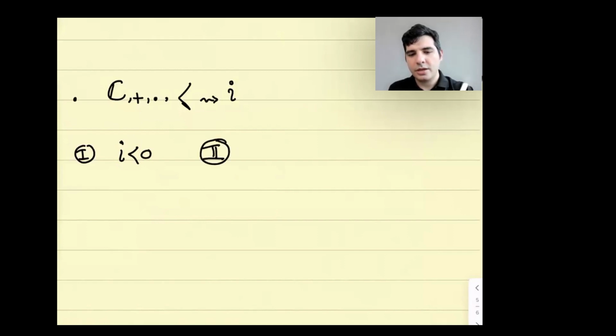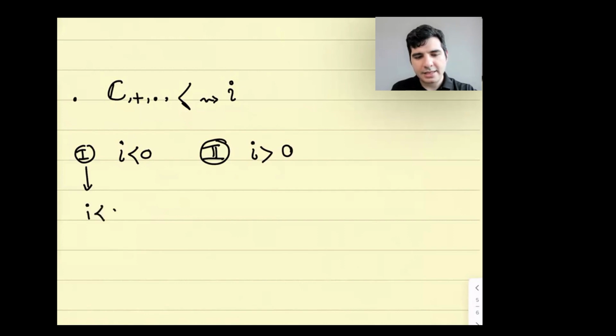Possibility number 2, i is larger than 0. There is no possibility number 3 because i is not equal to 0. If we get a contradiction in both of these cases, it means there is no way to compare i to 0. So let's consider the first case.